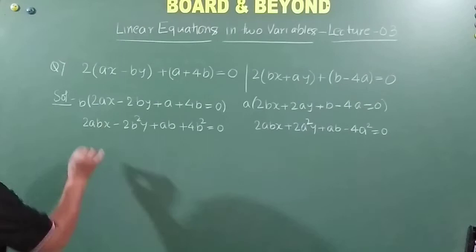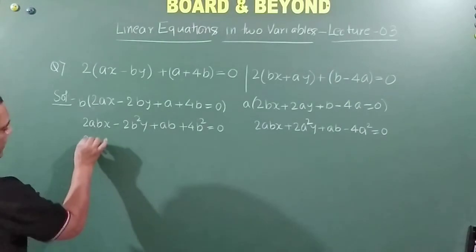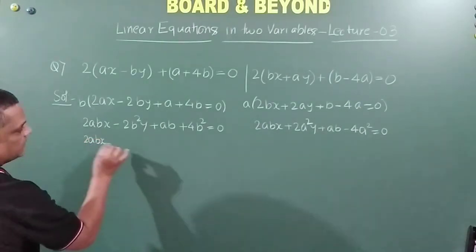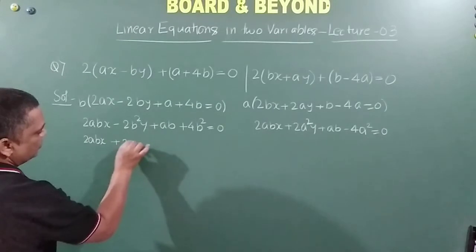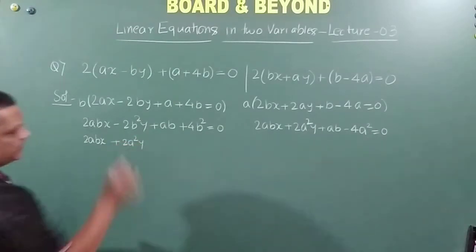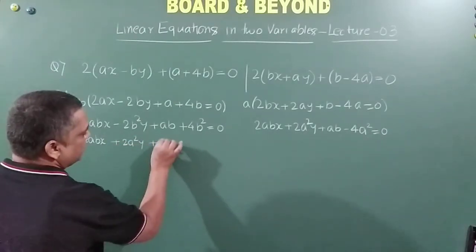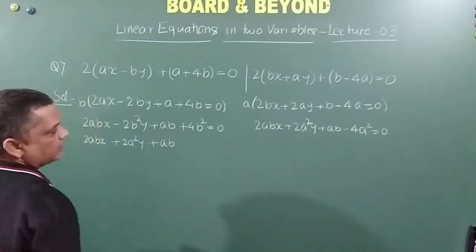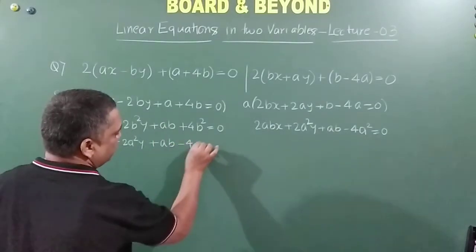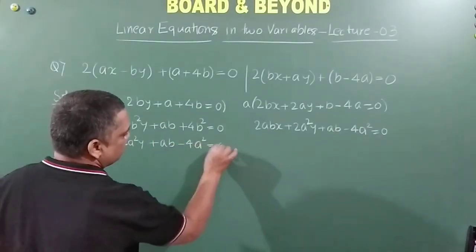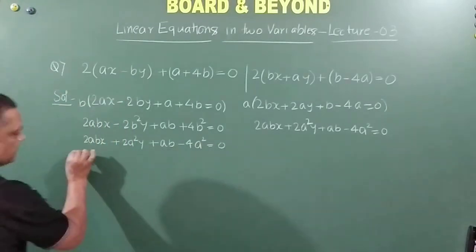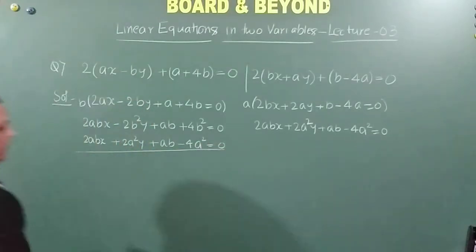So this is 2abx plus 2a square y plus ab minus 4a square is equal to 0, right? Now let us subtract the two equations to eliminate one.